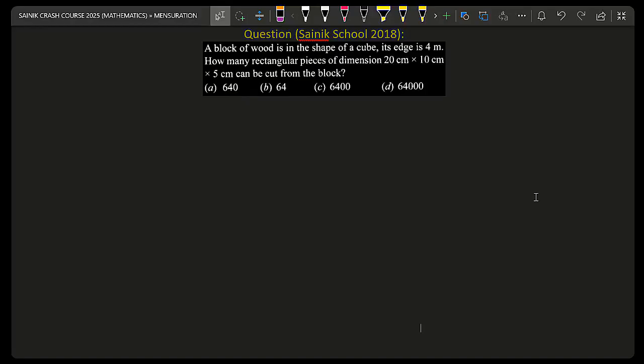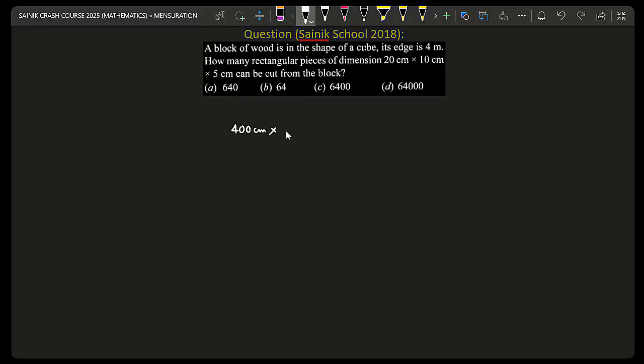So one edge is 4 meters, but in terms of centimeters... No, see, first of all, you tell me edge is 4 meters. Now convert into centimeters. Sir, 400 centimeters. Okay, what is volume of the cube? Side cube.